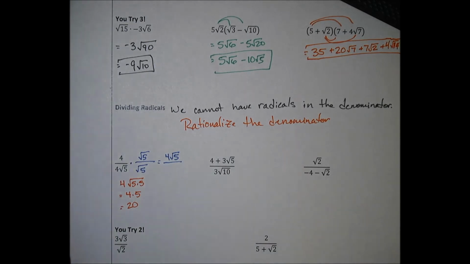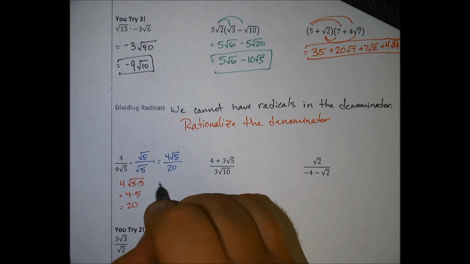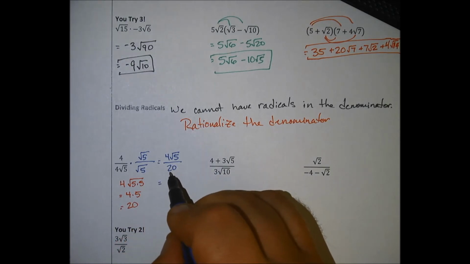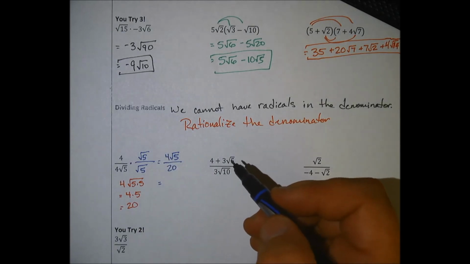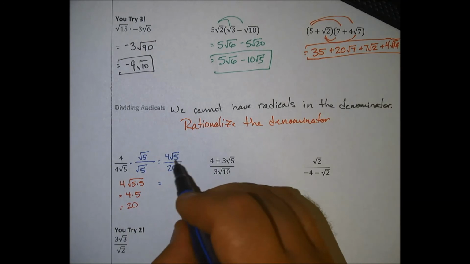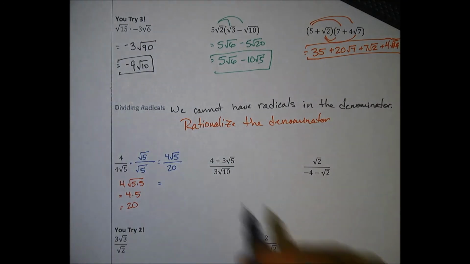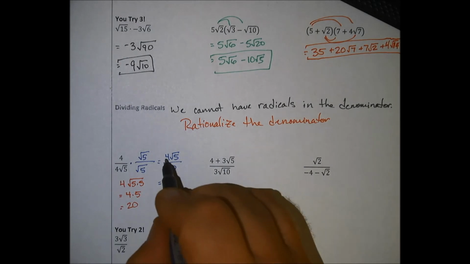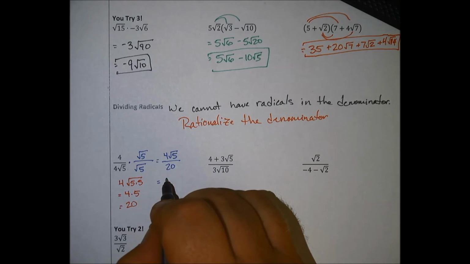So all I get here is 4 root 5 over 20. And then I can simplify that because 20 and 4 are multiples of each other. I'm not going to be messing with the square root of 5 because that's its own separate monster. But 4 divided by 20 will simplify to give me 1/5.